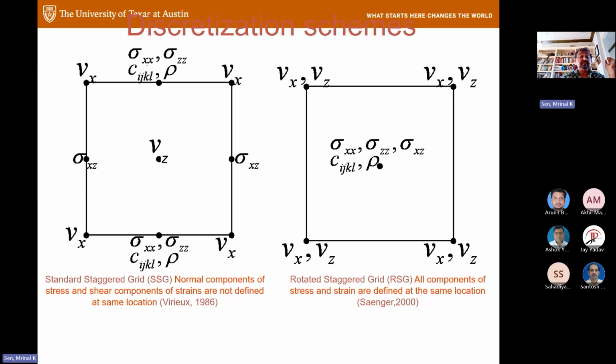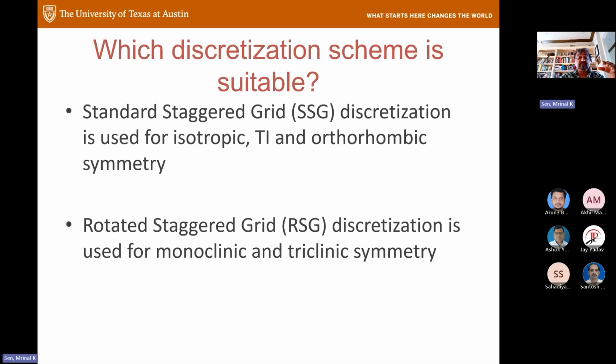You have the stresses, and these are the velocities. These are some of the details you'll find in our paper. It turns out that standard staggered grid discretization can be used for isotropic, TTI and orthorhombic symmetry. But for monoclinic and triclinic symmetry, we need to resort to something called rotated staggered grid.